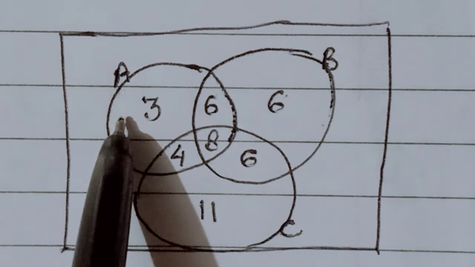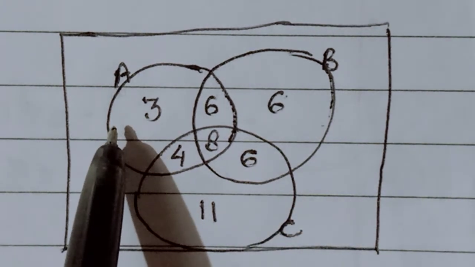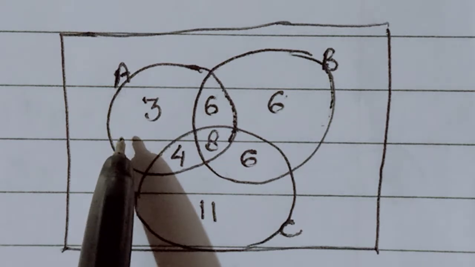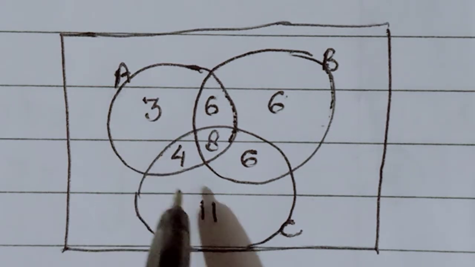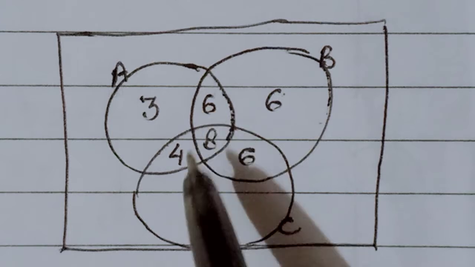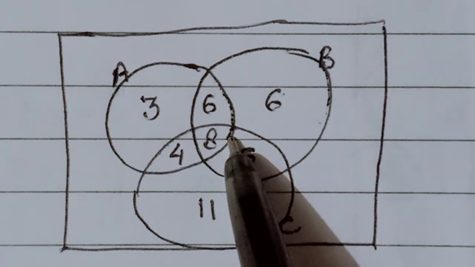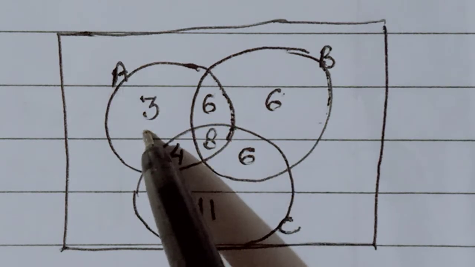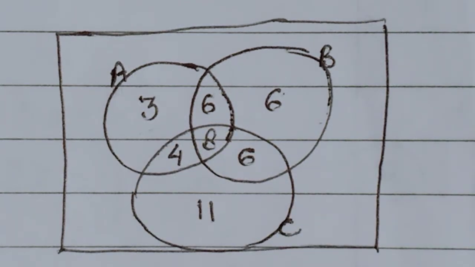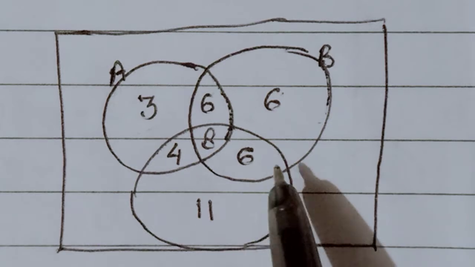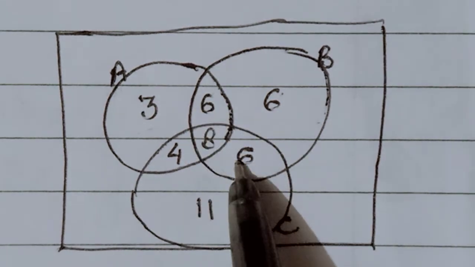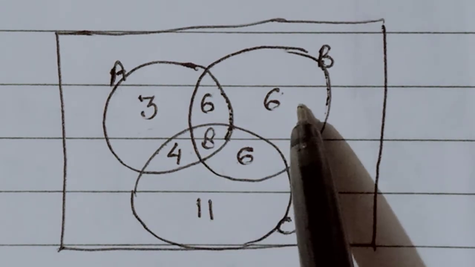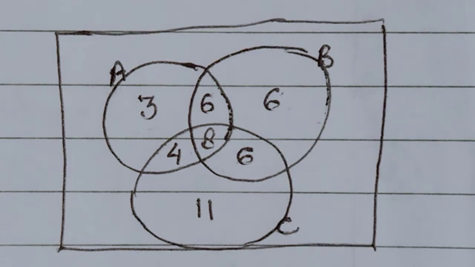After that, now you will move on to seeing the cardinal number of A, which was given as 21. 21 people like A, that was said. So out of 21, 6 plus 4, 10 plus 8, 18 have already been adjusted. So 21 minus 18, that is 3 will be left liking only A. Likewise, the cardinal number of B was given as 26. 26 like product B. So same way from 26 you will remove 6 plus 6 plus 8, so 12 plus 8, 20. 26 minus 20, that is 6.